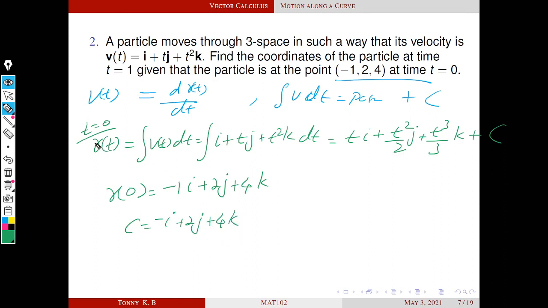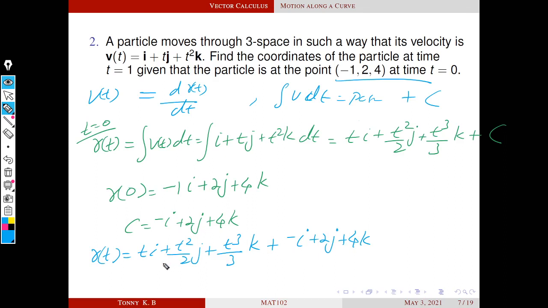You got the idea? Substituting t equal to 0 in the equation for r of t, we get r of 0 equal to c. Already r of 0 is given, so we equate these two, which gives c. Next we substitute c in the equation to get r of t. So r of t becomes ti plus t square by 2 j plus t cube by 3 k plus c, where c is minus i plus 2j plus 4k.